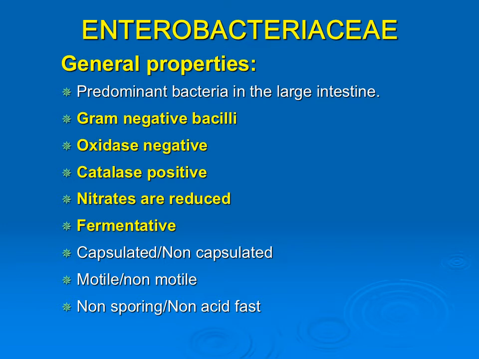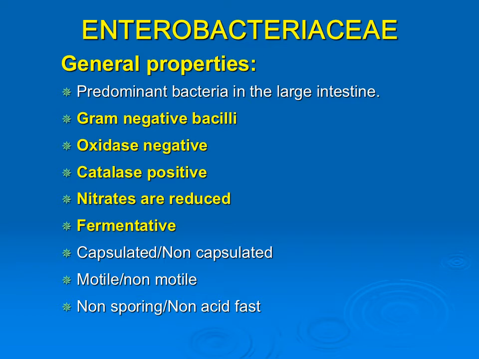So all are oxidase negative, all are catalase positive. Do remember the reagents used for the catalase test and oxidase test. All can reduce nitrates to nitrites, and the test is called the nitrate reduction test. Some are fermenters, some are non-fermenters. That is a very important point, and that is the key point.